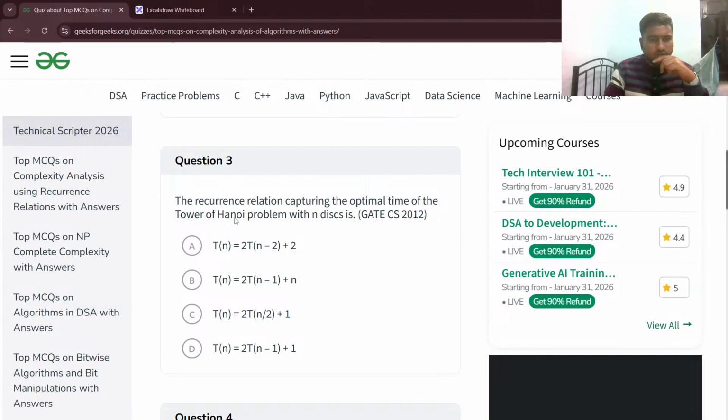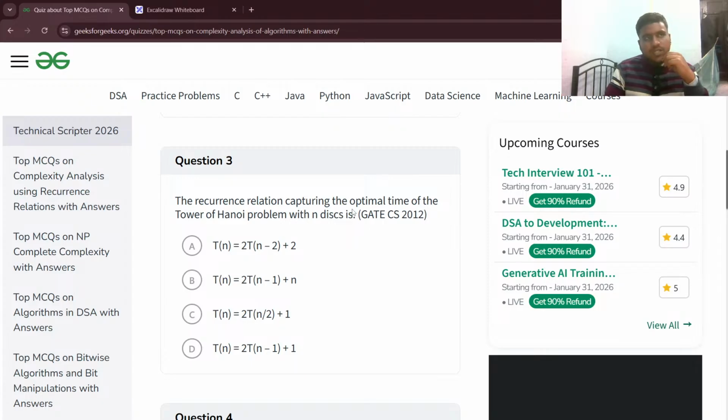The recurrence relation capturing the optimal time of the Tower of Hanoi problem with n disks is.